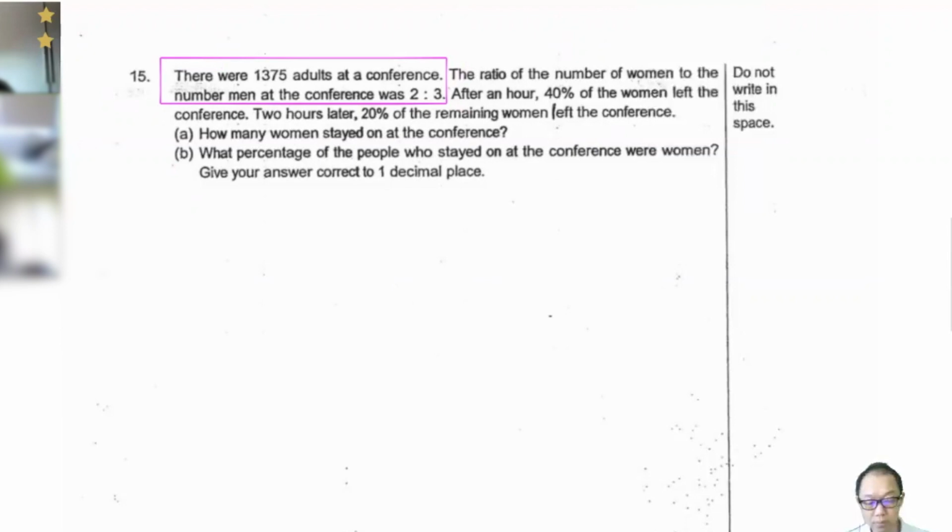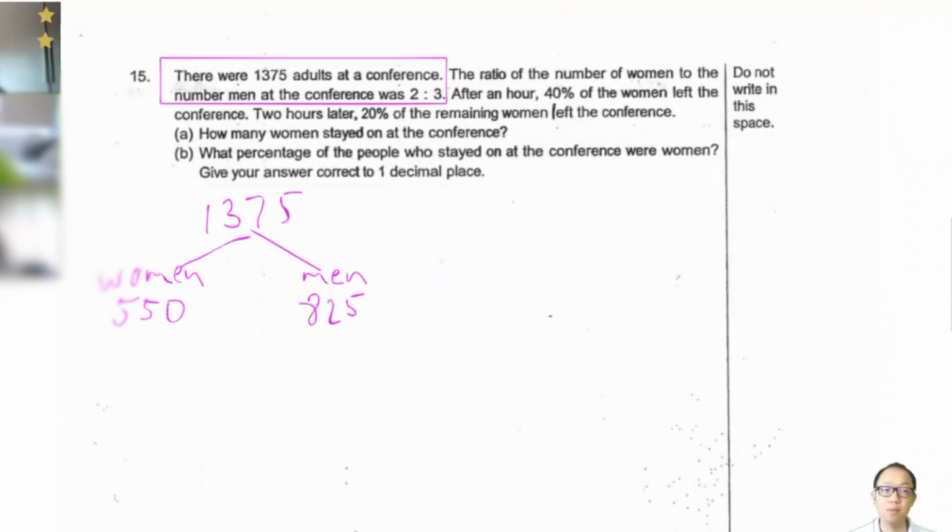There are 1,375 women and men. So we take 1375 divided by 5 times 2. That's 550 women, and 825 men. That is the first box.